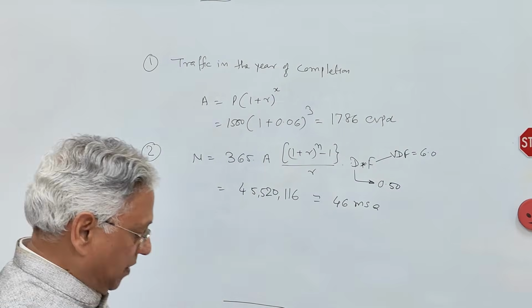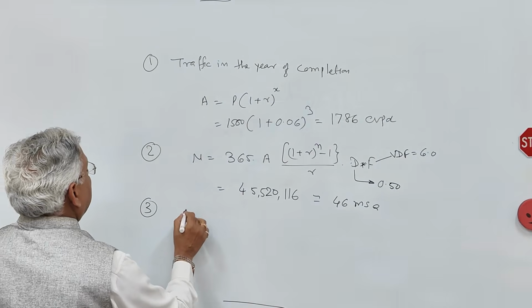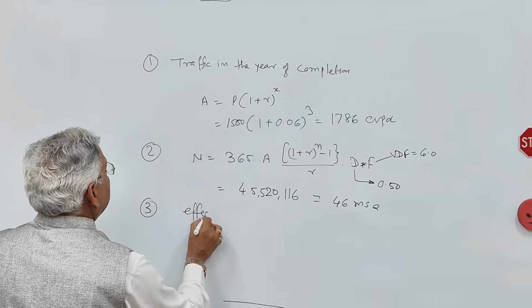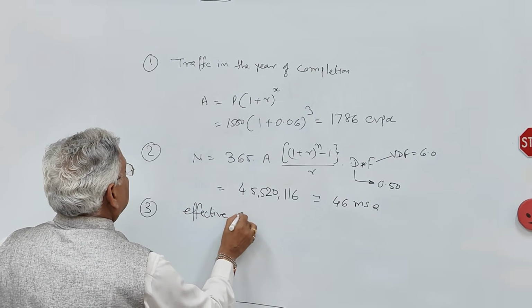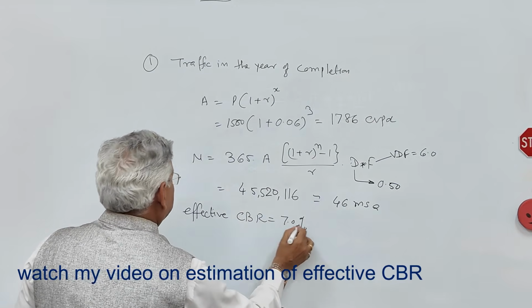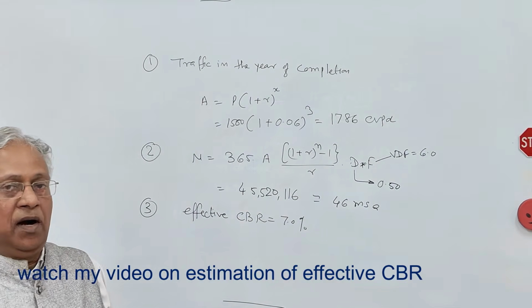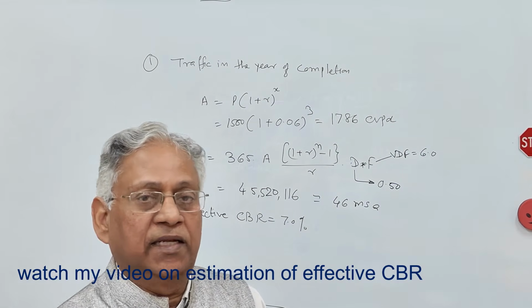Now the third step is to determine the effective CBR. In this case effective CBR is given, that is 7%. And for this effective CBR, what would be the value of MR, the modulus of resilience of subgrade?